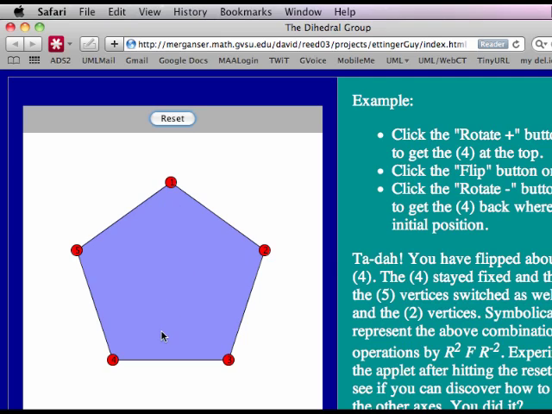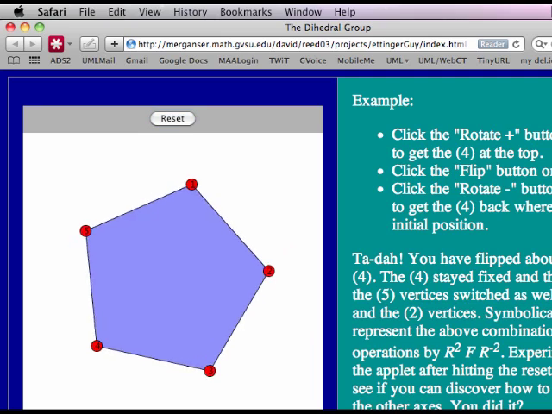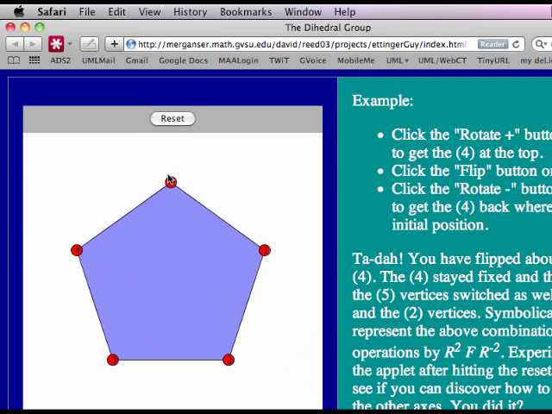For example, one basic, fundamental symmetry is rotational symmetry by a fifth of a turn. And if you do that, the vertices, starting at 1 through 5, with 1 at the top, get rotated so that 1 is moved to where 2 was, 2 to where 3 was, and so on.